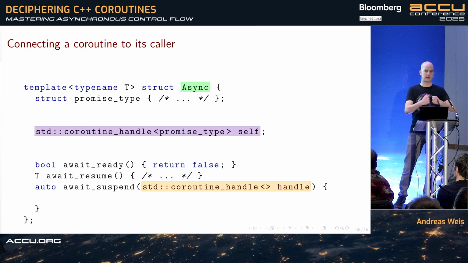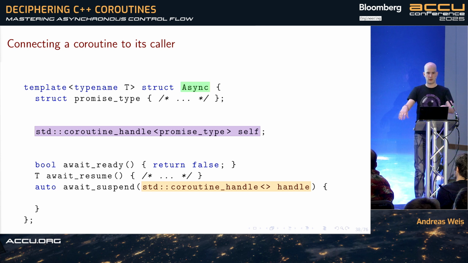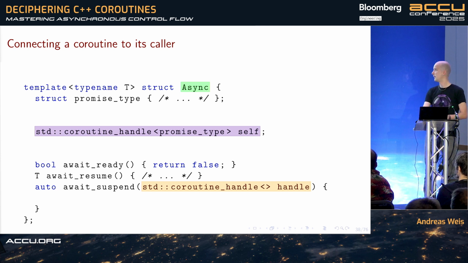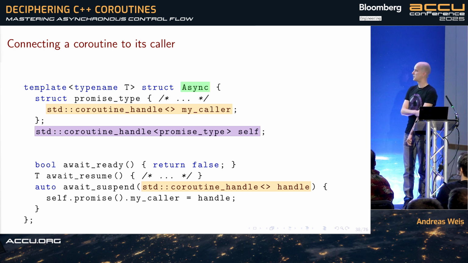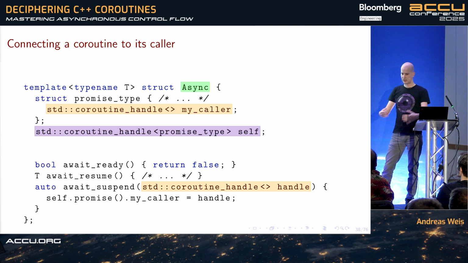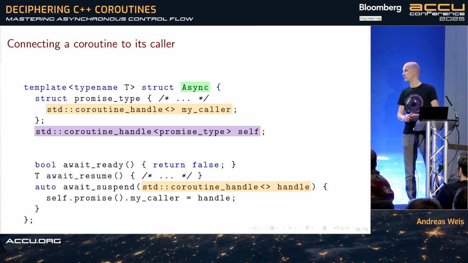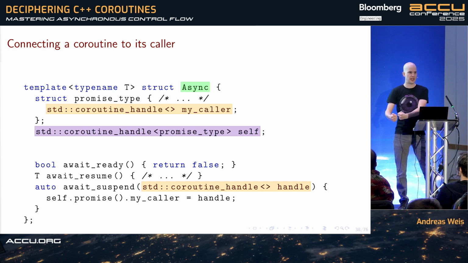And that's the connection, right? That's what we need. We need a point where we can establish that, hey, these coroutines actually belong to each other. One is the caller, the other is the callee. So that's what we do here. At this point, we can actually establish that connection. In this case, I save it straight to the promise. I save this handle as, hey, this is my caller.